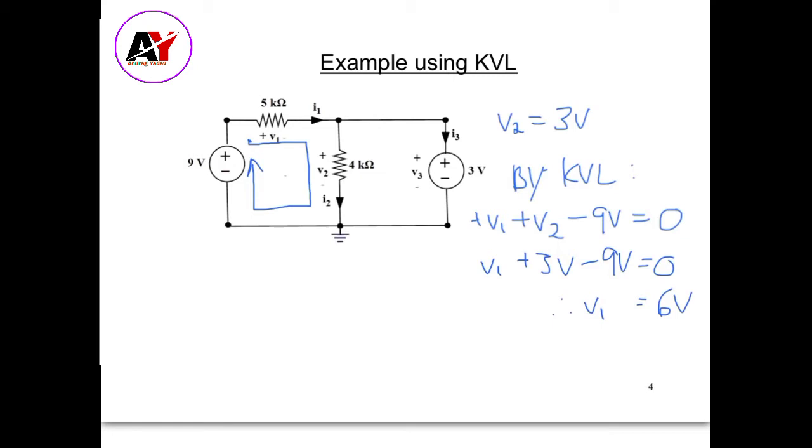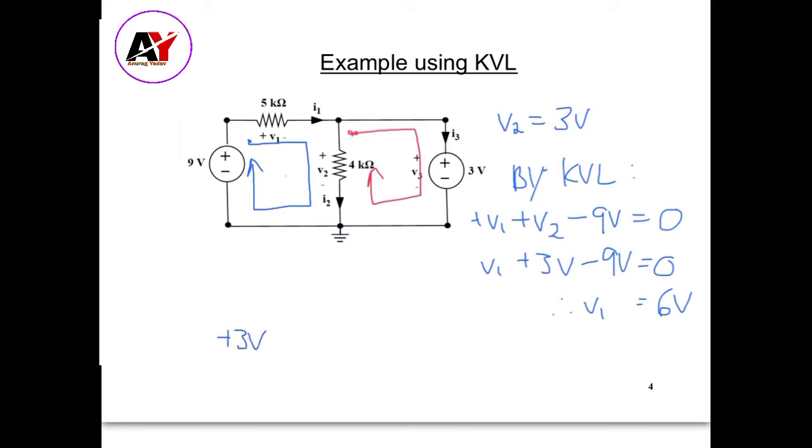And if we apply Kirchhoff's voltage law to the small loop, we'll see again that the voltage of the 4 kilo ohm resistor is the same as the voltage of the 3-volt source. So let's go around this loop starting over here, traveling in this direction. We go along and first get to the plus sign of the 3-volt source, so we write down plus 3 volts.